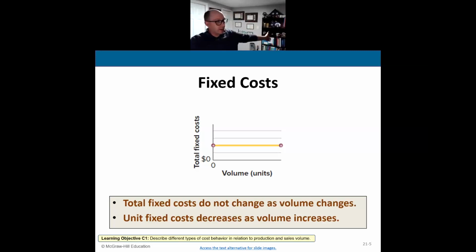Doesn't matter how many I'm making, insurance still stays the same. Yep, very good. So we got car note, car insurance, rent. Another one I'll throw in there is the supervisor's salary, the salary of the manager. Manager's salary don't change. Manager is going to get paid the same regardless of whether we make 5 or 500. Okay, that's a fixed cost.